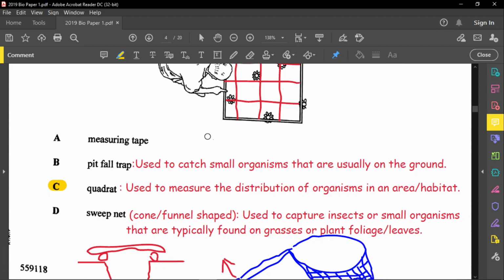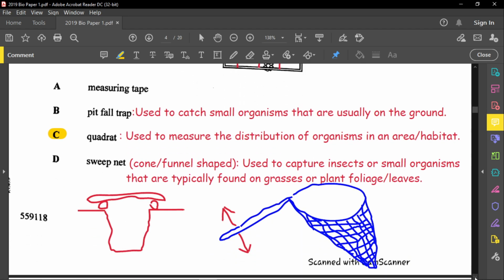or habitat. And then we have a sweep net. A sweep net tends to be cone-like or funnel-shaped, and is used to capture insects or small organisms that are typically found on grasses or on plant foliage or leaves. Let me point this out real quick. For the pitfall trap, you'll see the diagram like this here.